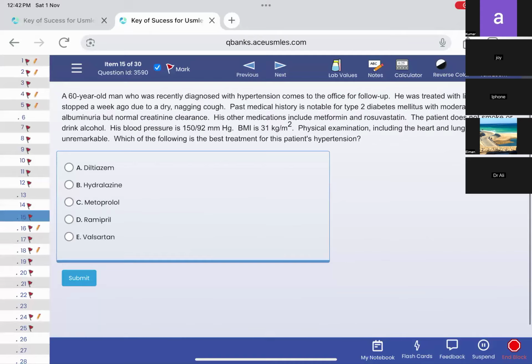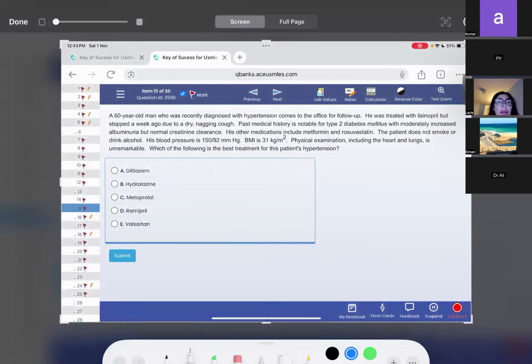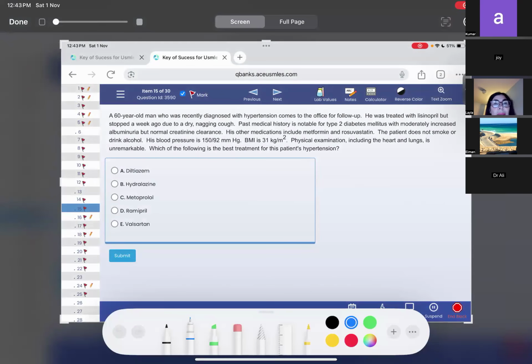Any volunteer? Which of the following is the best treatment for the patient's hypertension? The 60-year-old man who was recently diagnosed with hypertension comes to the office for follow-up.